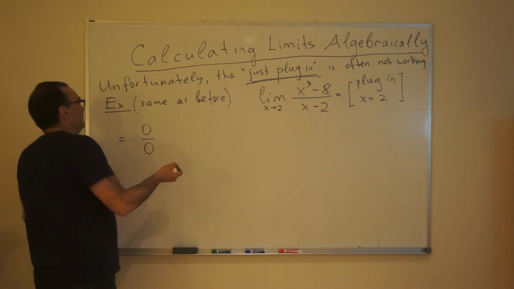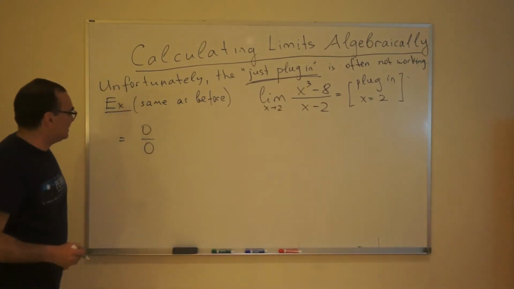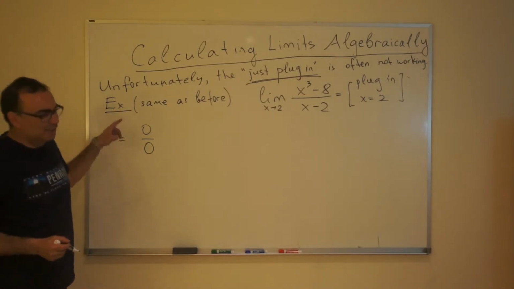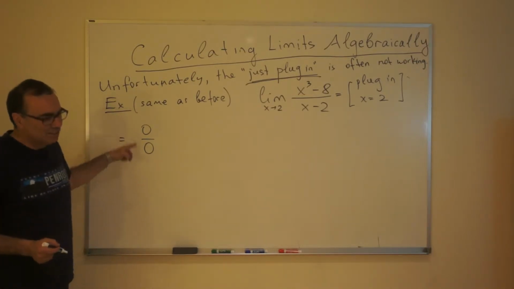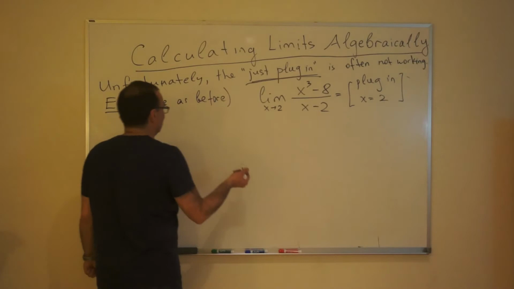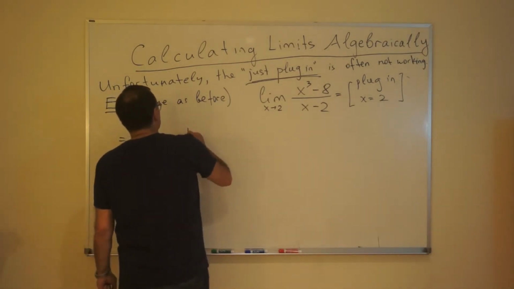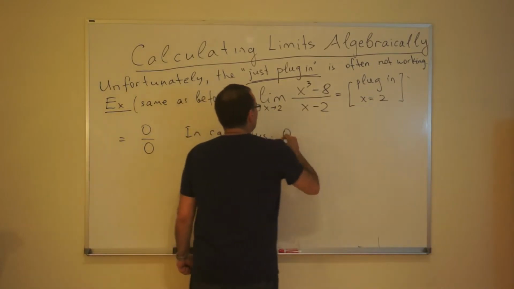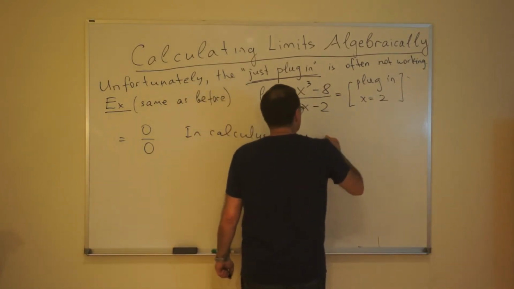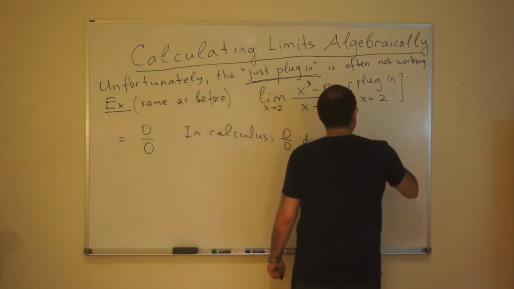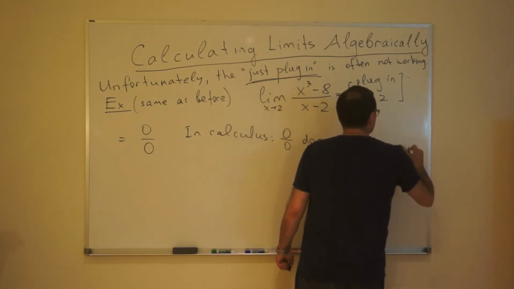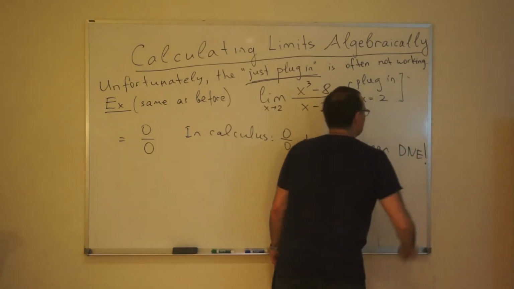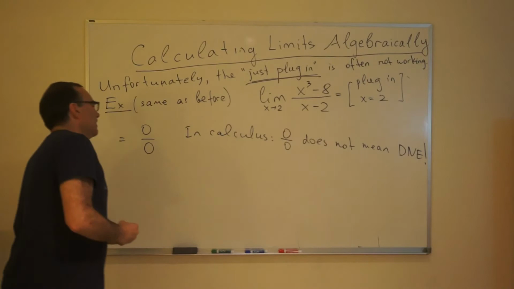So what I want to say is that 0 over 0 in calculus does not mean undefined, or DNE. So let me write what I just said. In calculus, 0 over 0 does not mean DNE or undefined. So what does it mean?